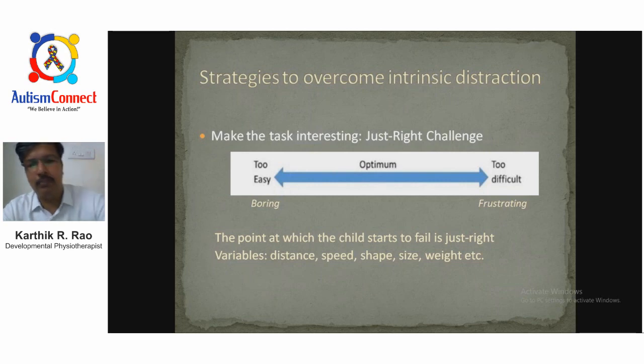The variables could be distance, speed, shape, size, weight, etc., which means there are a lot of things with which we can always manipulate the complexity of the task, make it easier or more and more difficult, by adjusting these variables.